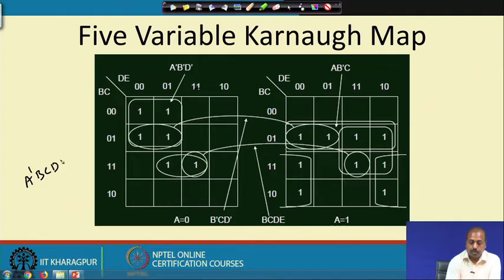Now this A bar B C D, you can find that from this map this B C D is also there.